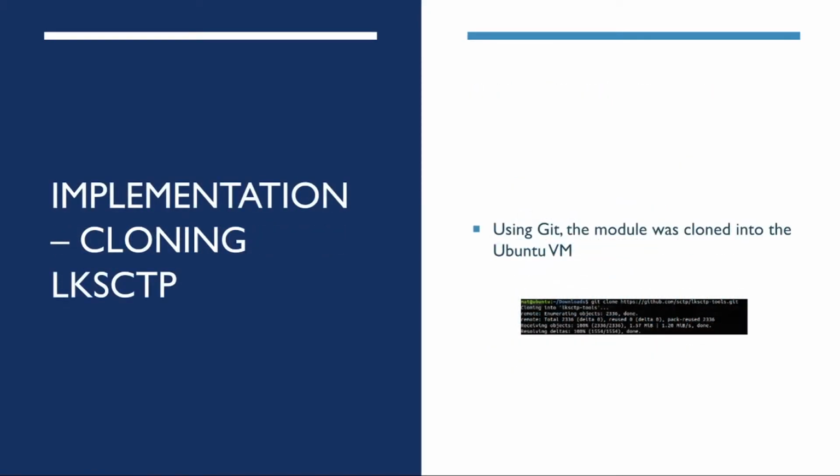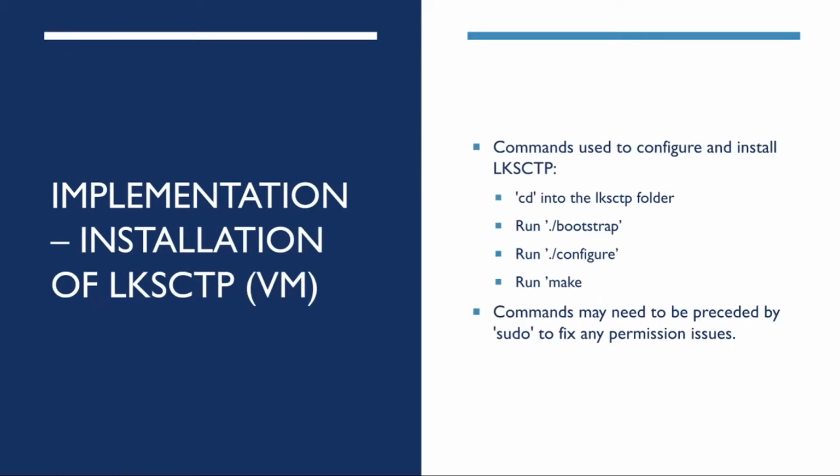Implementation was very simple. It was using a GitHub file. So I just cloned it into the Ubuntu virtual machine using Git, and the folder was there in my downloads. For installation of the Linux kernel module, there were already commands included in the README file and installation file inside the kernel module folder downloaded from GitHub.